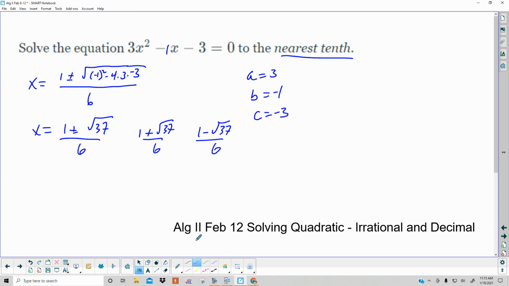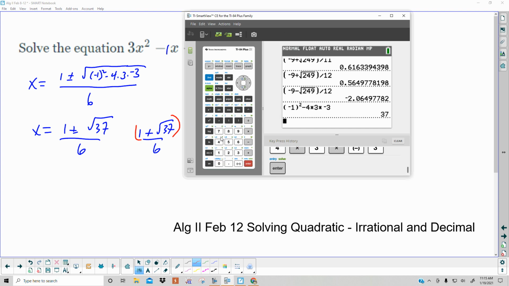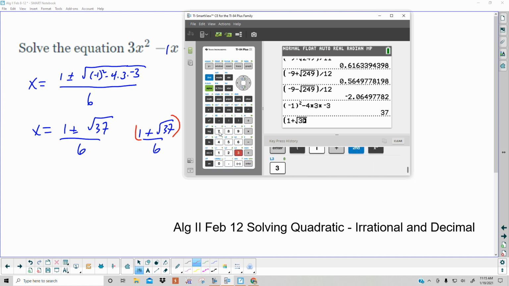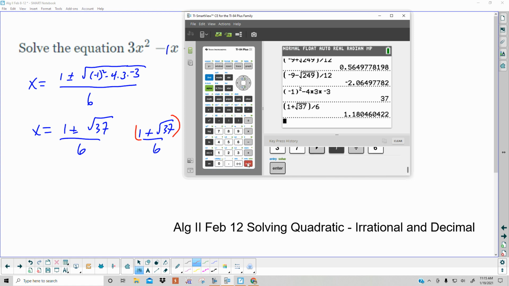And you still need that parenthesis on the top. So typing in the first one, I've got paren 1 plus the square root of 37. Come out of the square root by arrowing over, close the parenthesis and divide by 6. Enter. So you get 1.2.